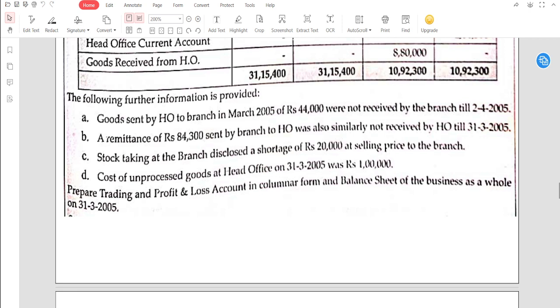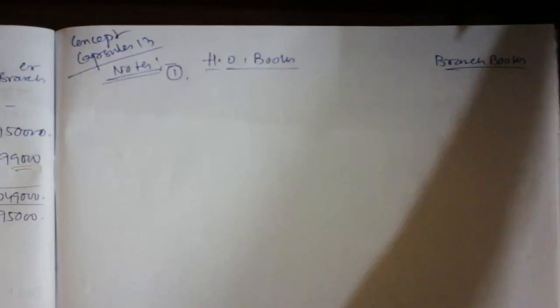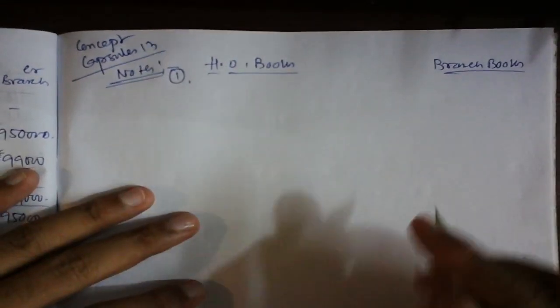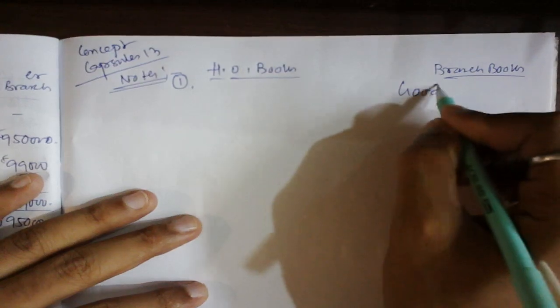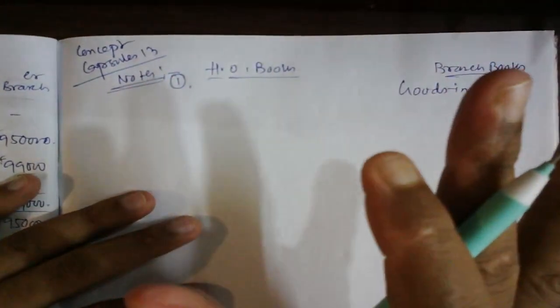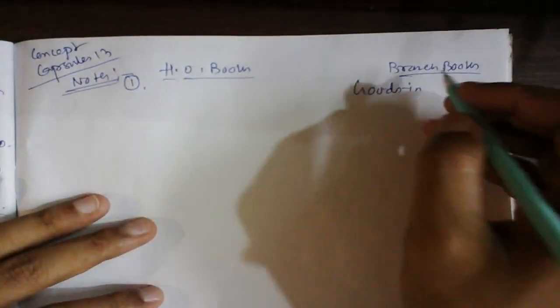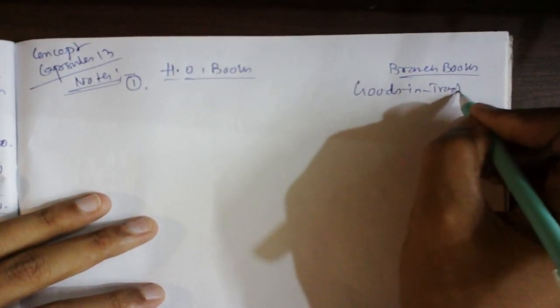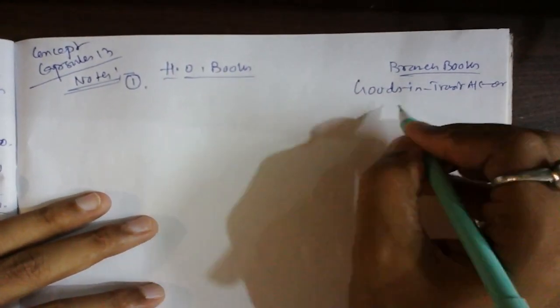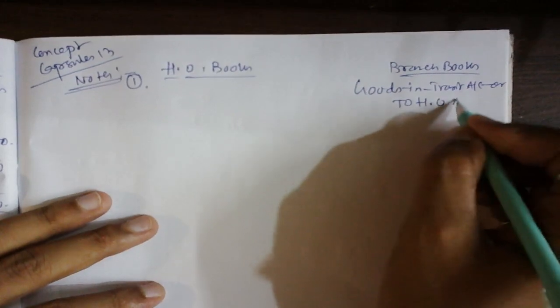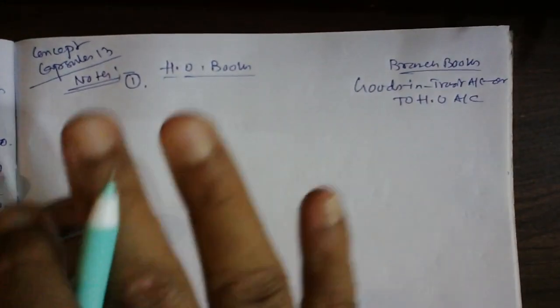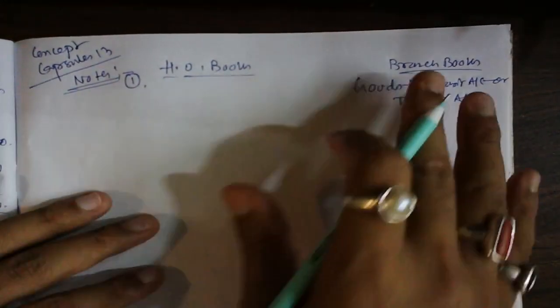So what entry do we need to make here? Here the branch is not receiving the goods. So for the branch it will be goods in transit, because HO made the entry, because HO has already sent the goods, but branch doesn't make any entry. So in the books of branch, goods in transit account debit to HO account hoga. Perfect. Because HO sent the goods, so HO made the entry, but branch is yet to make the entry.